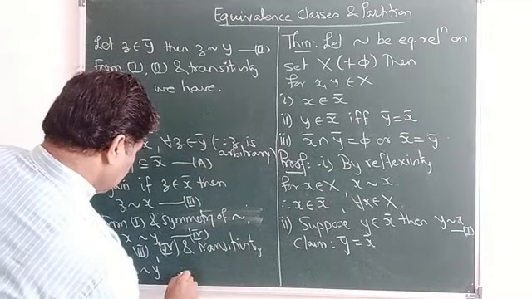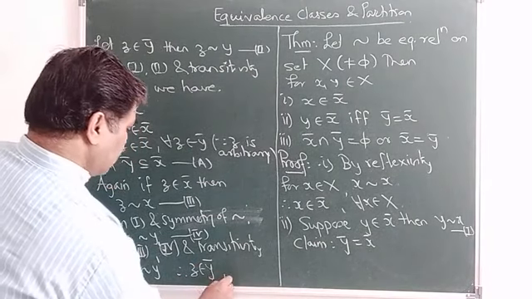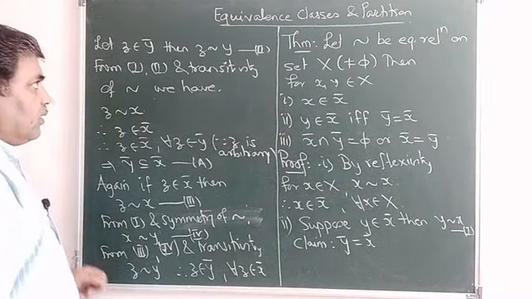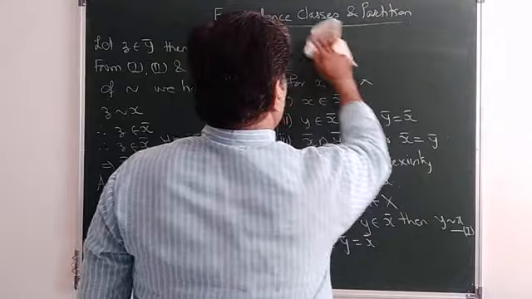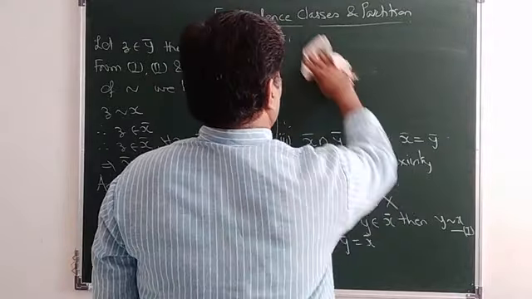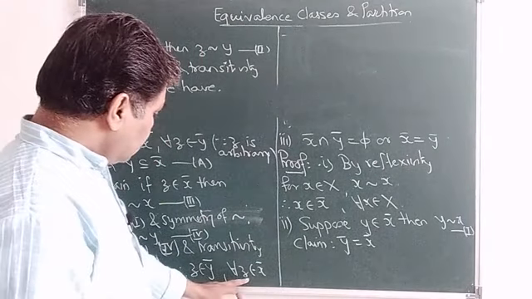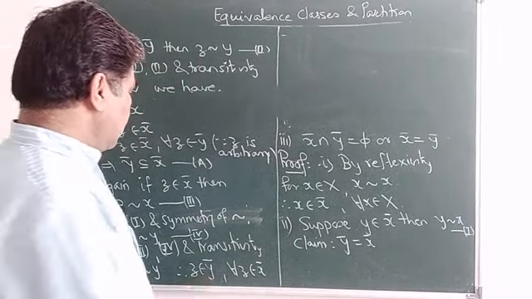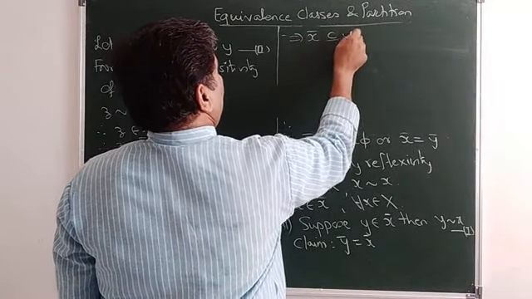Therefore, z belongs to y bar, for any z belonging to x bar. So z is arbitrary, so for every z belonging to x bar, z lies in y bar. This implies x bar is a subset of y bar.